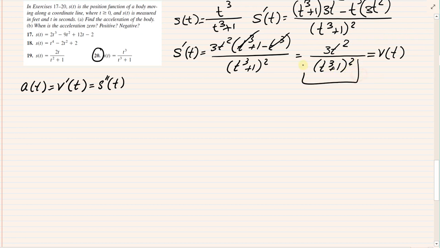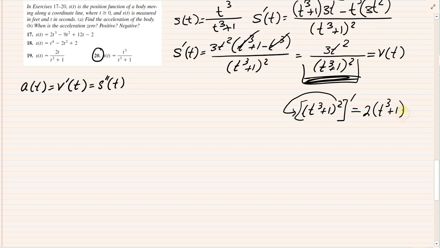And look at this denominator. If I want to find the derivative of that, this is what I'm talking about. If I use the power rule, bring 2 in front, write it as 2 times t cubed plus 1.